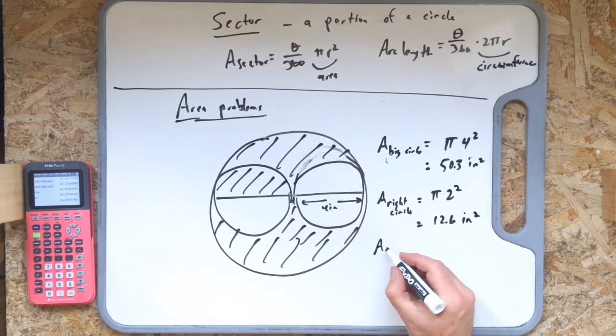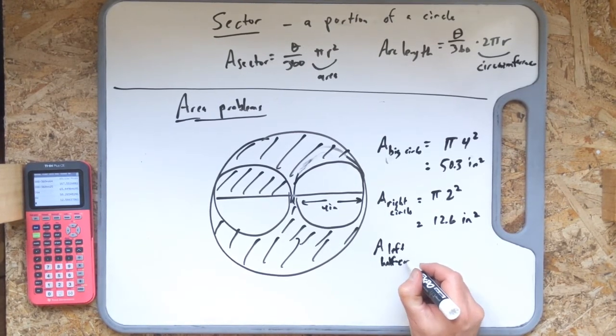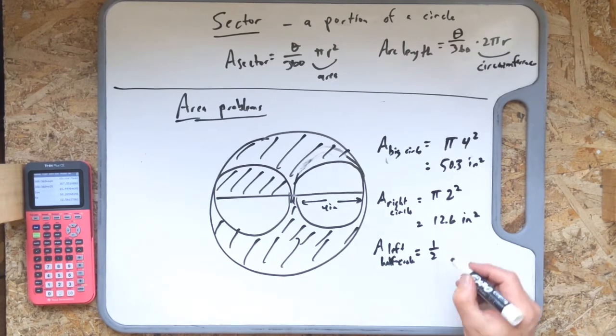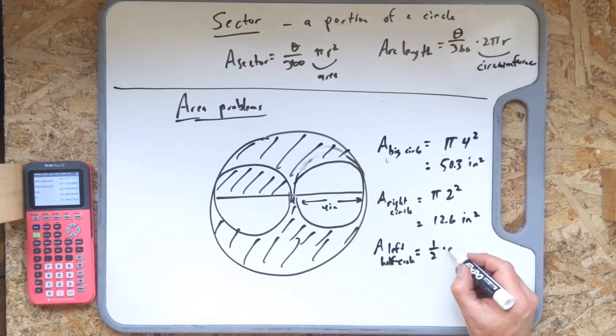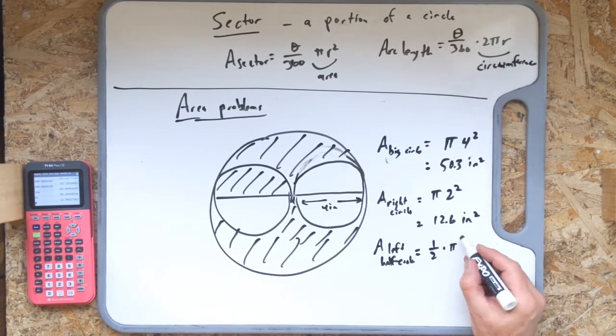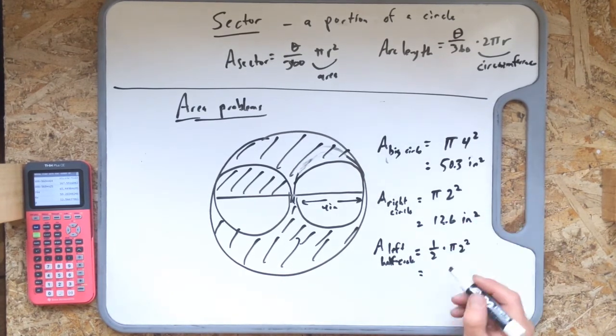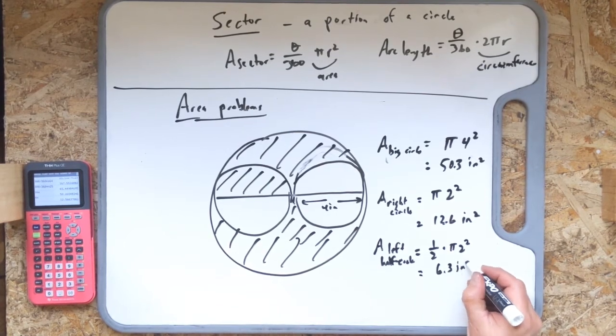And the area of the left half circle, the angle here is 180, so it's 180 over 360, which is a half, times pi 2 squared again, and that's just going to be half of that number, 6.3 inches squared.